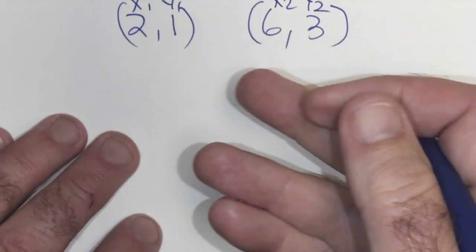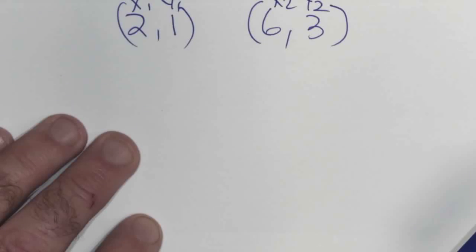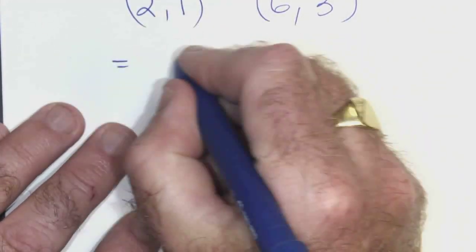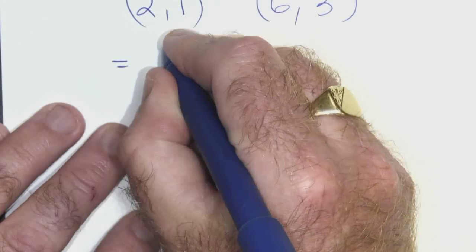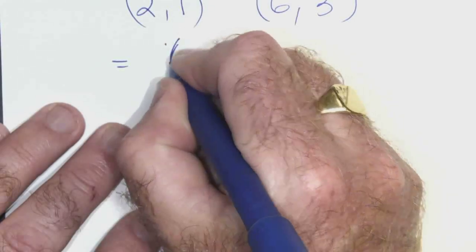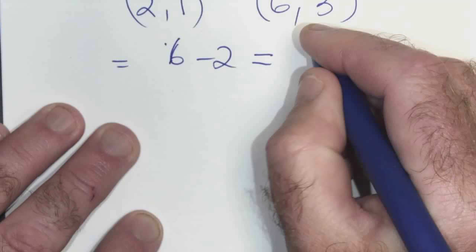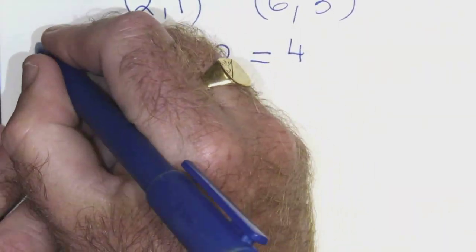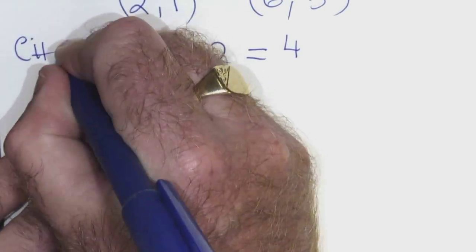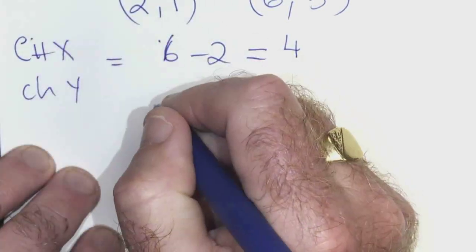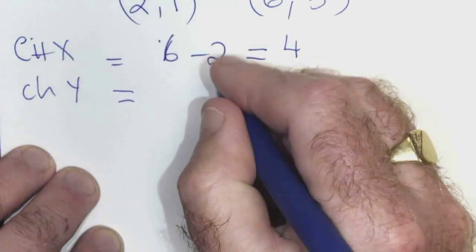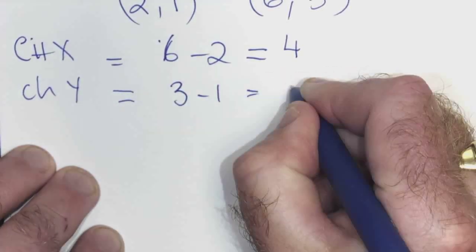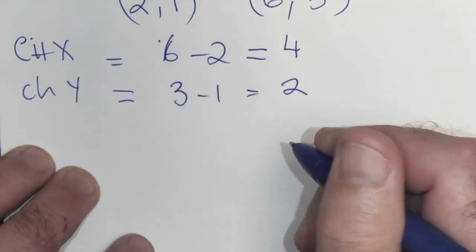The second x is 6, the second y is 3. For the slope, we do x2 minus x1, so that's 6 minus 2, which is 4. That's the change in x. The change in y is 3 minus 1, which is 2.